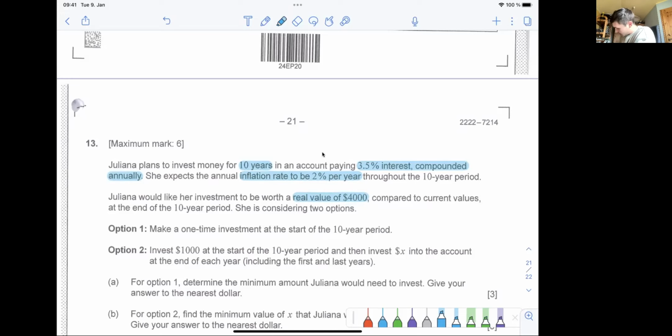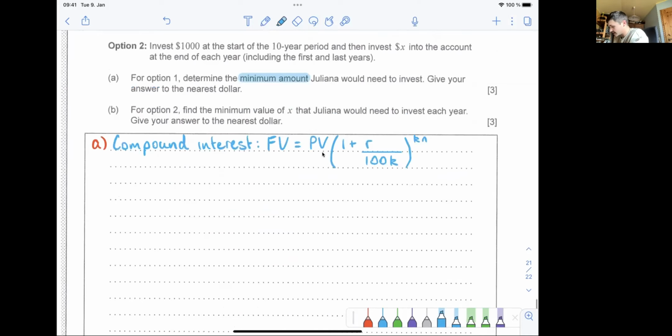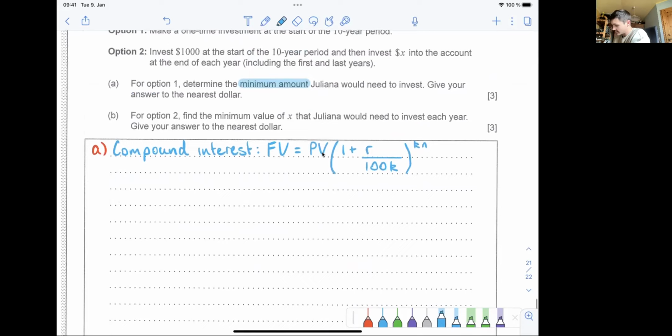We need to find the minimum amount for option 1, the minimum amount Juliana would need to invest such that she has this real value of $4,000 at the end. For this, we will need the compound interest formula, which is in your formula booklet, and I have written that down here. FV stands for future value, PV stands for the present value, R is the interest rate as a number, not converted to a decimal.